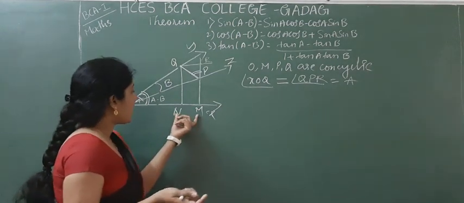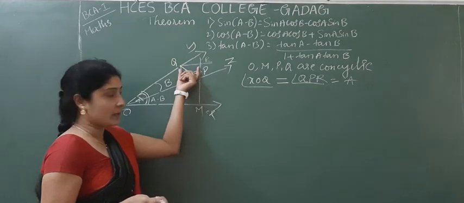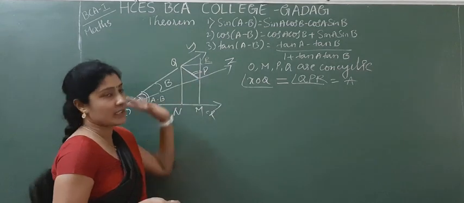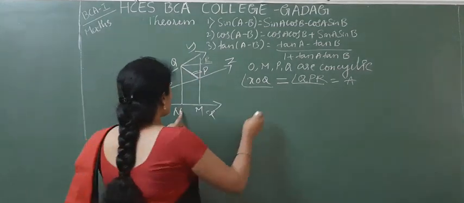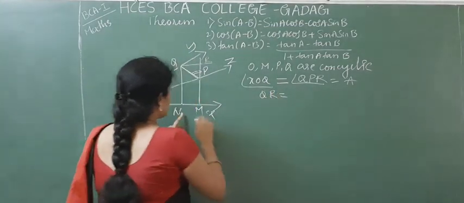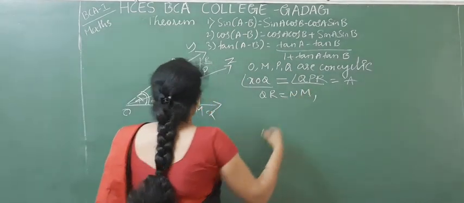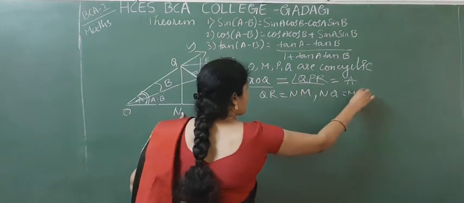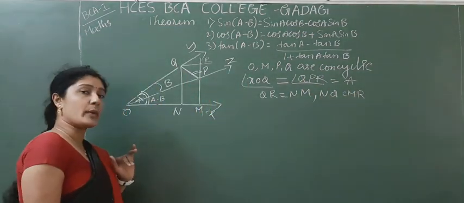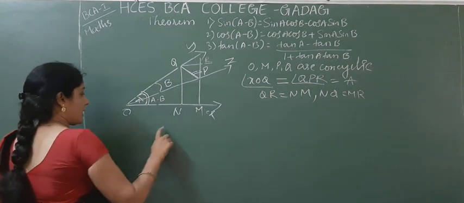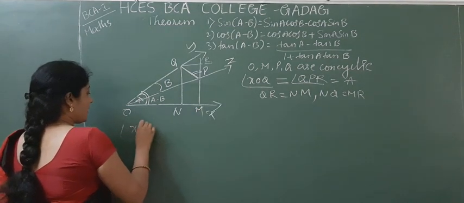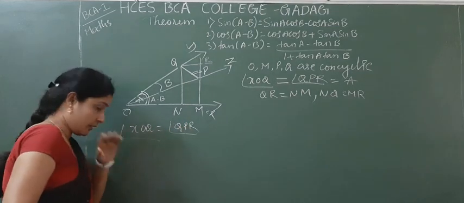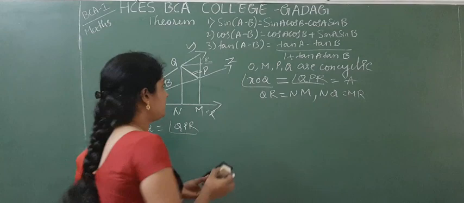And one more thing is NM is equal to QR and NQ is equal to MR. QR is equal to NM and NQ is equal to MR. So these are the points we need to remember. So I shall write it here. Angle XOQ is equal to angle QPR.